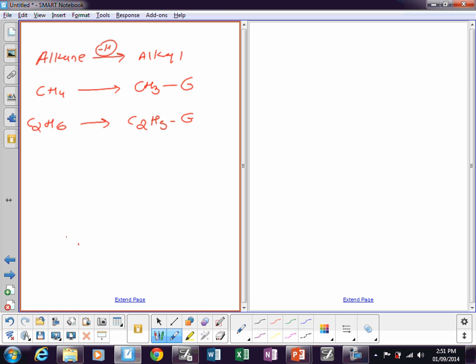So, okay, we may give the name. For an example, ethane से हमको क्या मिला? Ethyl. Okay, we have C3H8 propane, and from propane, one hydrogen has been removed. We get propyl. Correct or not?